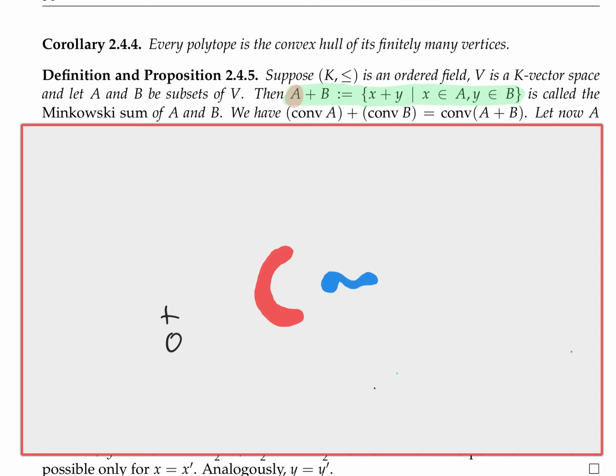Then what is A plus B? Maybe let's put the origin closer. Right, so maybe this is the origin. And what is A plus B? In order to see this, you have to move this around, right? So you can move this around here.